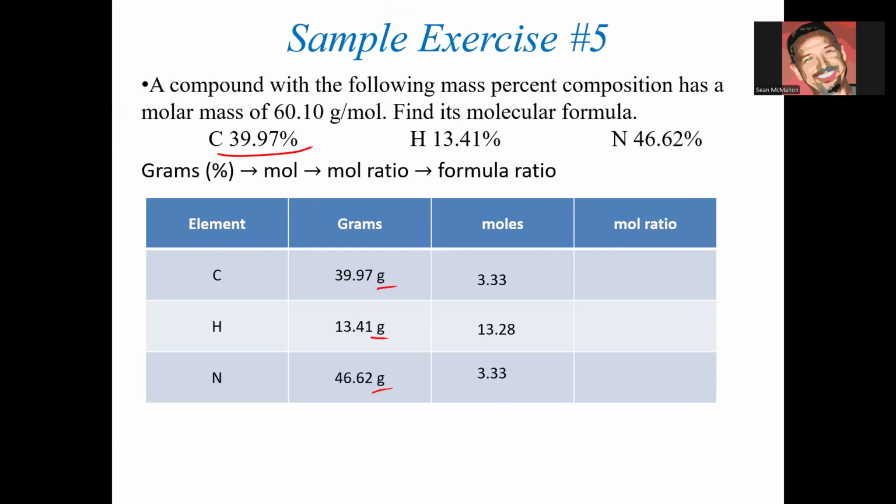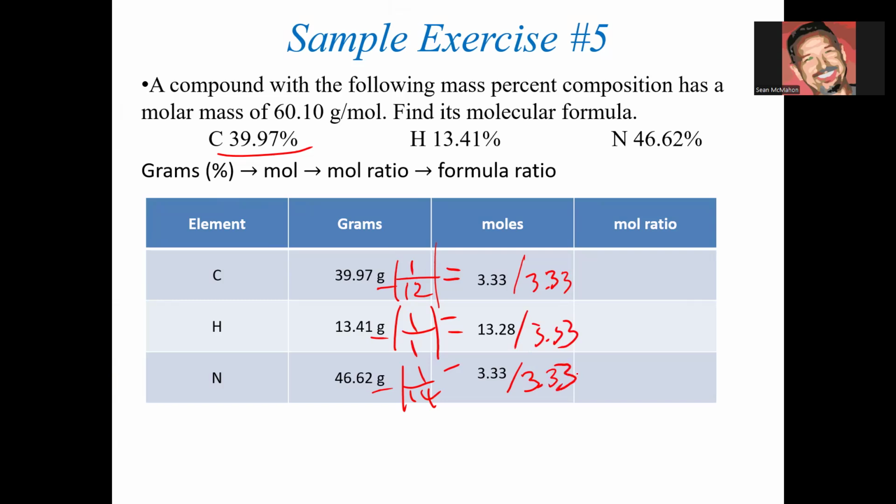And converting these to moles using molar mass, again, this is roughly 12. This is 1, this is 14. We get these numbers, and then to simplify this, we divide by the smallest moles. We easily see that this is going to be 1, this will be roughly 4, right?